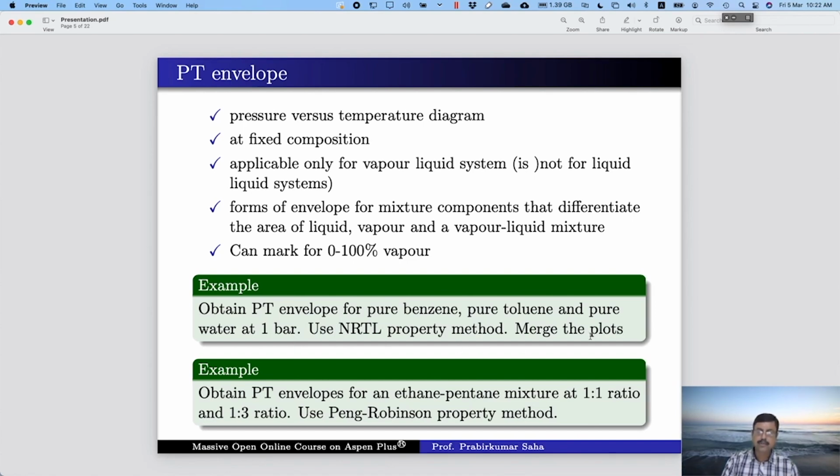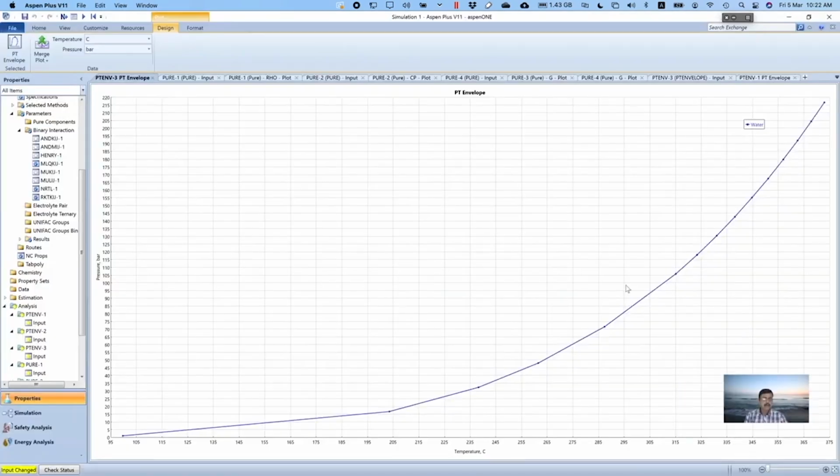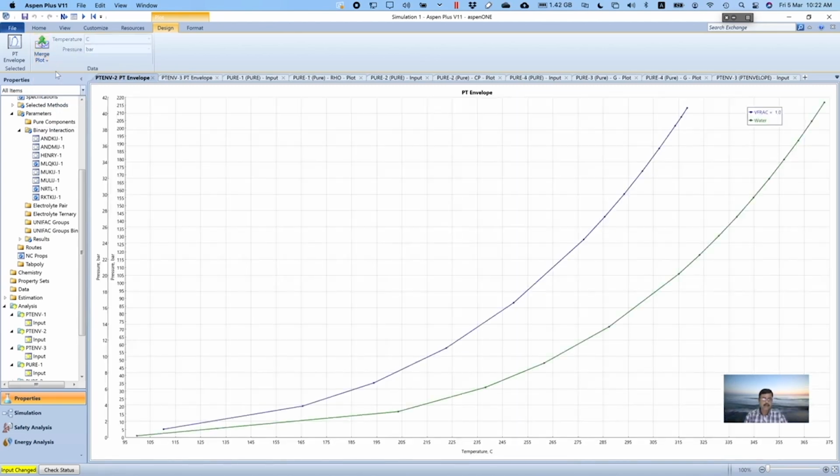Now they are asking us to merge the plot so as to compare the PT envelopes of 3 liquids that we have got. So for that, let us merge plot. So merge plot with PT envelope 2 and then with PT envelope 1.